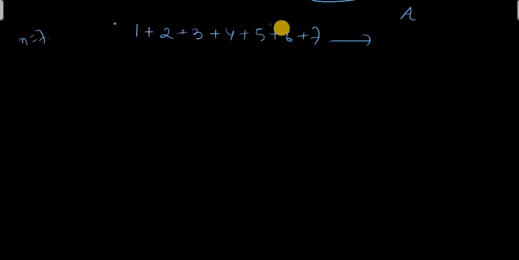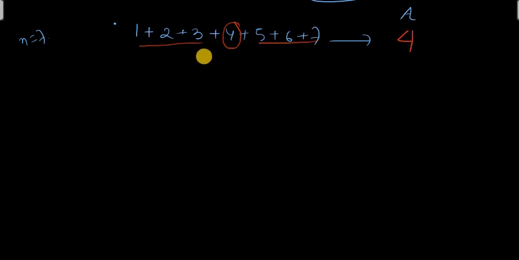1 plus 2 plus 3 plus 4 plus 5 plus 6 plus 7: what is the average? The quantity is 1, 2, 3, up to 7, so n equals 7. The average is the middle number, so 4 is the average.